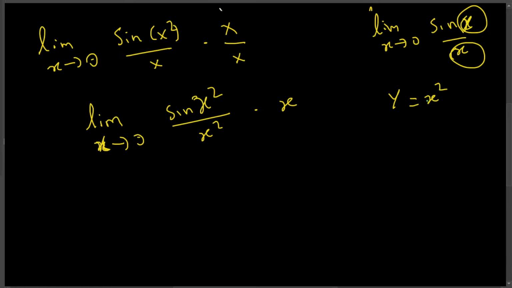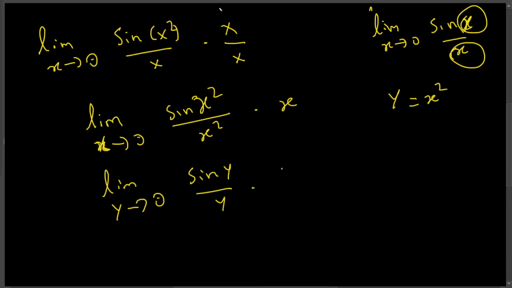If x is approaching 0, any power of x will be approaching 0 as well. So therefore we can also write limit y approaches 0 of sine y divided by y.